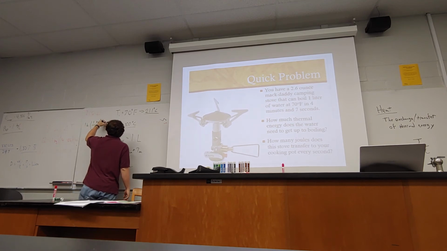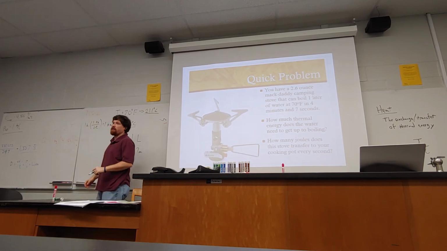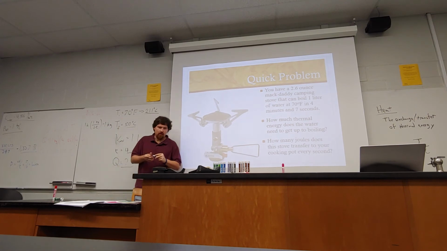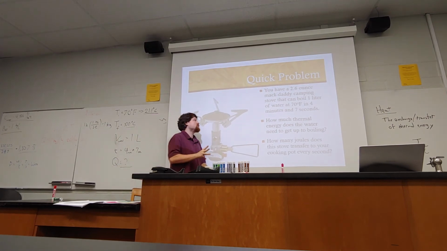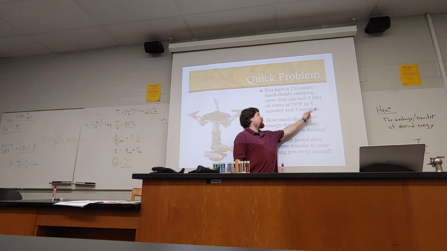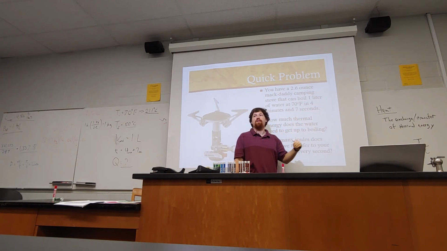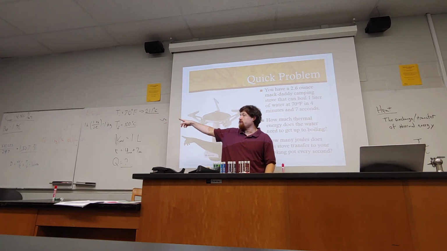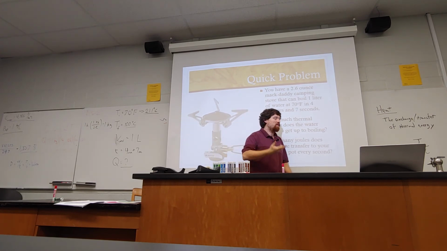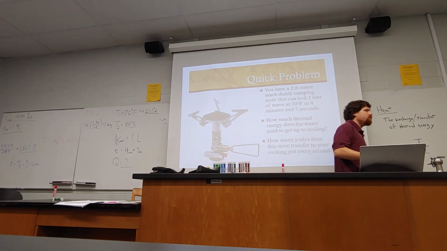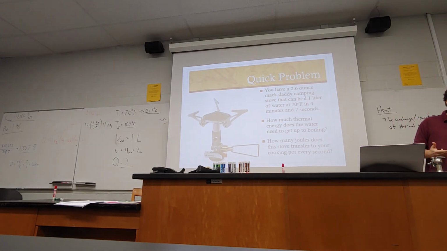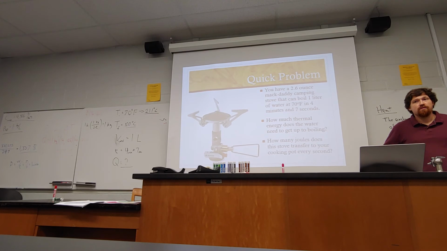Kilograms cancel, liters cancel, that leaves you with 1 kilogram. So for water specifically, if you have some number of liters, that will have a mass of the same number of kilograms. So known assumption, you can also keep that in your notes. That knowledge is available to you for any given question. Anything else?